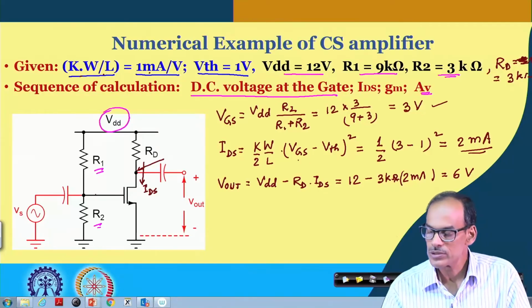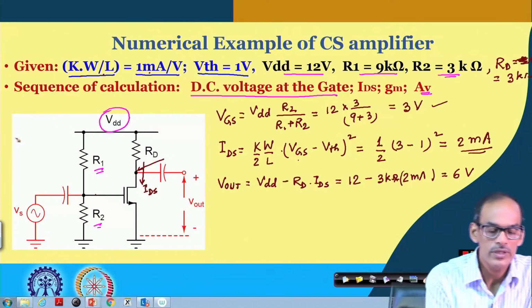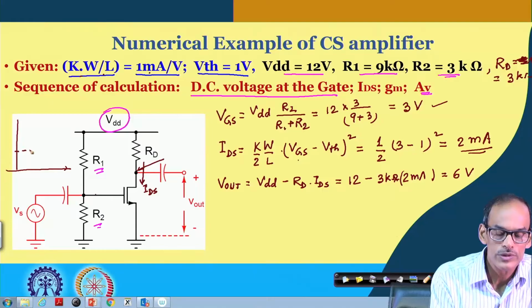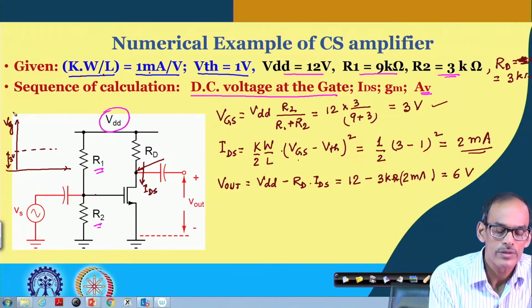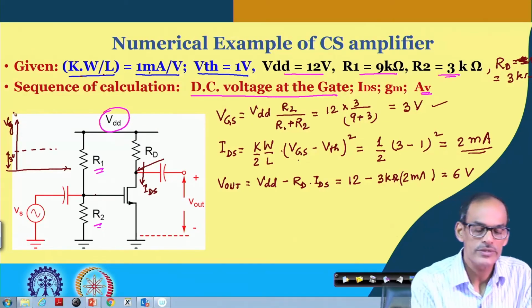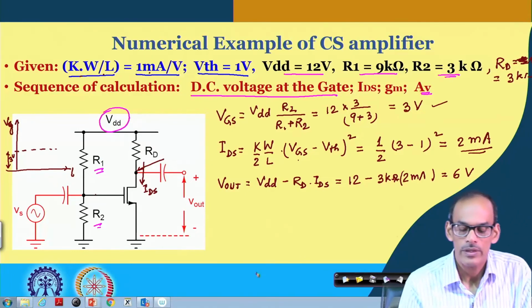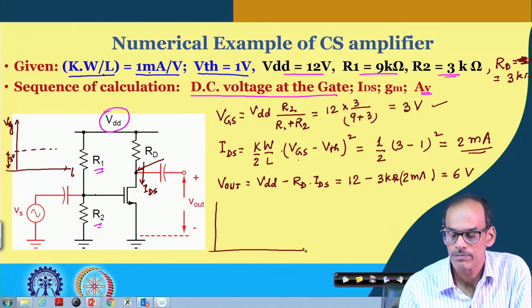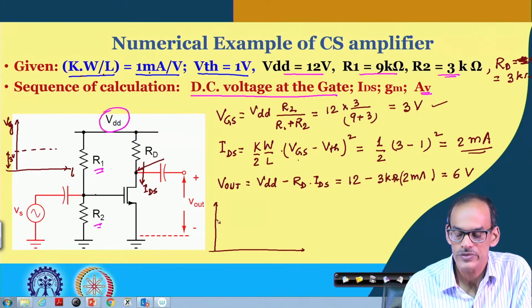So, at the input, what you are getting here is 3 volt DC. So, this is 3 volt, I should say capital V small g s, and on the other hand at the output we are getting DC voltage, which is 6 volt.